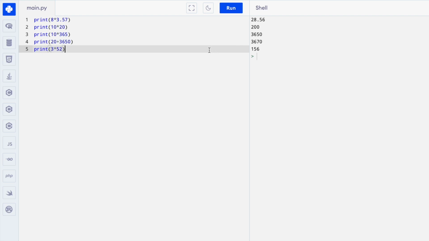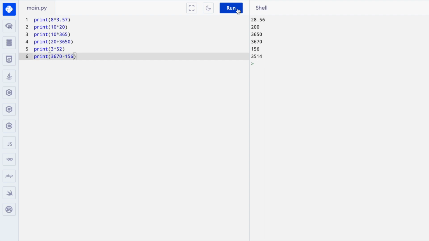Yes, it's a correct answer. And we want to print again, like 3670 minus 156, and we can get the subtract remaining points, 3514. So this is the simple thing.